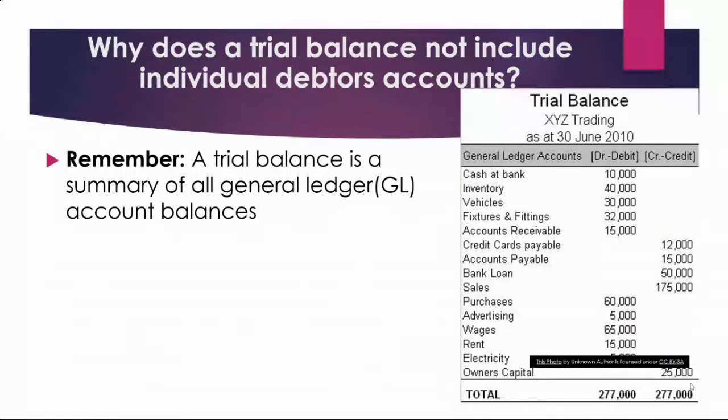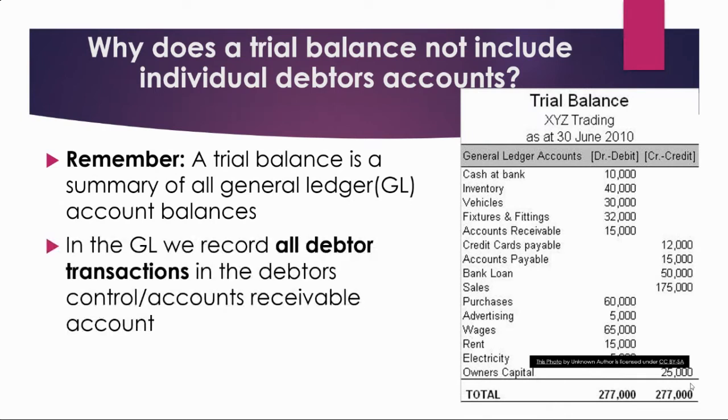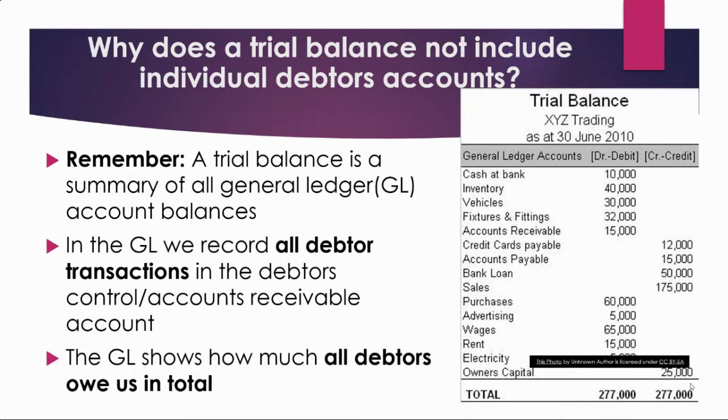So debtors control is a summary of all of your debtors balances and not only just one debtor. So that is why you will not see an individual debtors account on your trial balance. Okay? And it shows us how much all our debtors owe us in total.